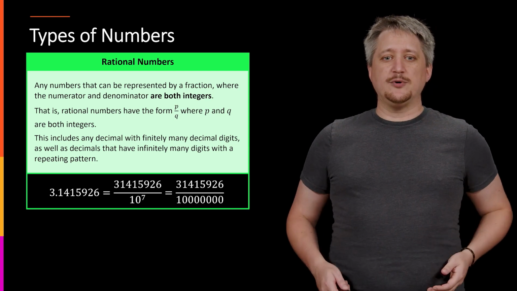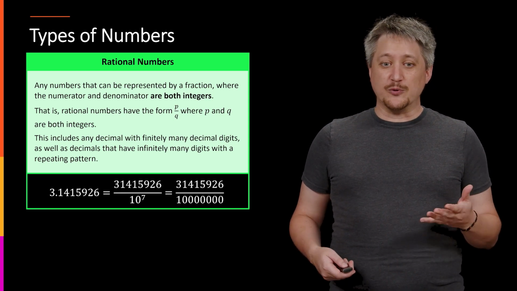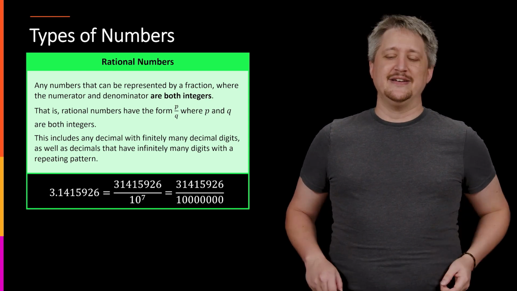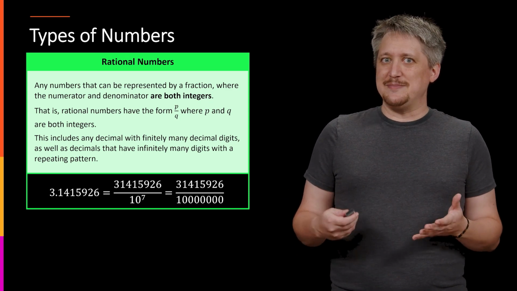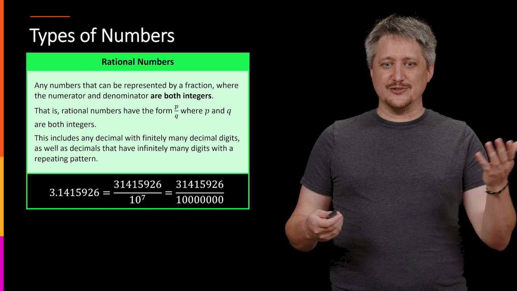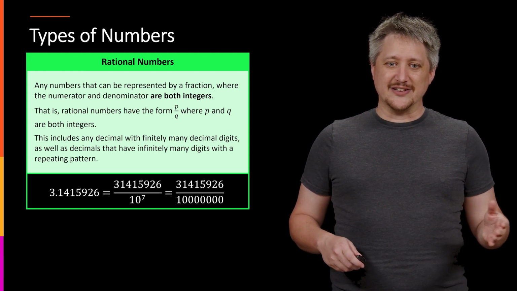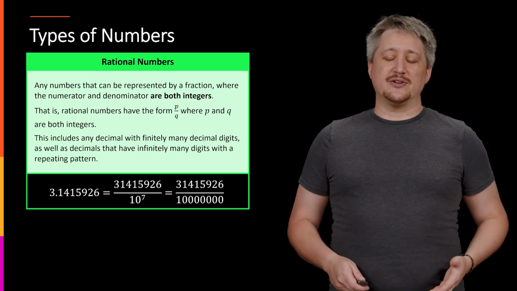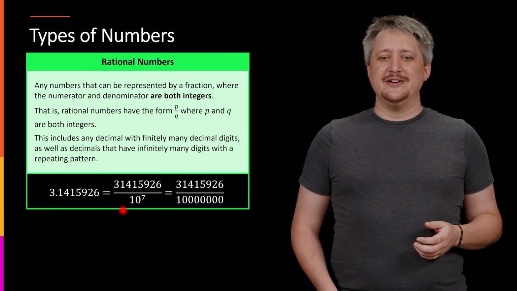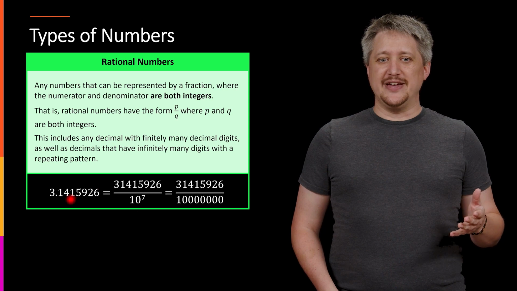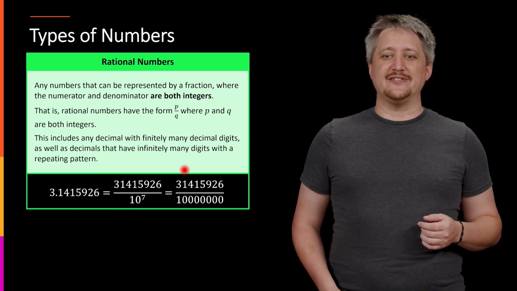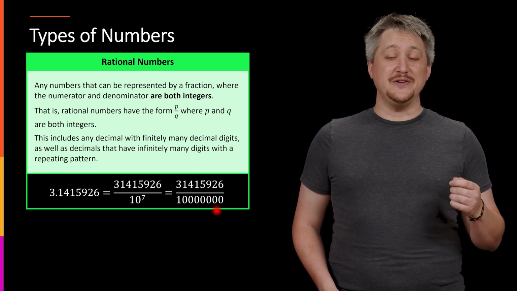So as an example, we could have something like this, 3.1415926, and since I stop at 6, that means I have finitely many digits, right? I only have however many that is, so like 7 or whatever decimal places, and that's a rational number. It's a rational number because if I multiply by an appropriate power of 10, it'll move that decimal point over, and so I can write it as a ratio of integers.